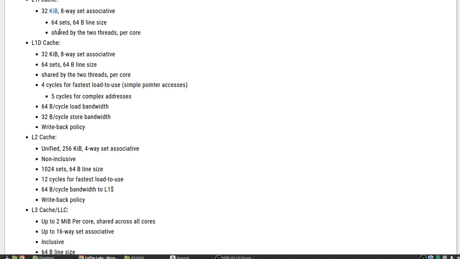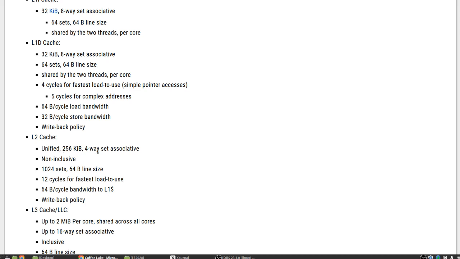Okay, and you can see more information here. There is a separate instruction cache and data cache. The data cache is also 32 KB, 8-way set associative, which means it's 64 sets and 64 bytes per block. And the L2 cache you can see is unified. Unified means there is no separate instruction or data cache. It's one single cache.